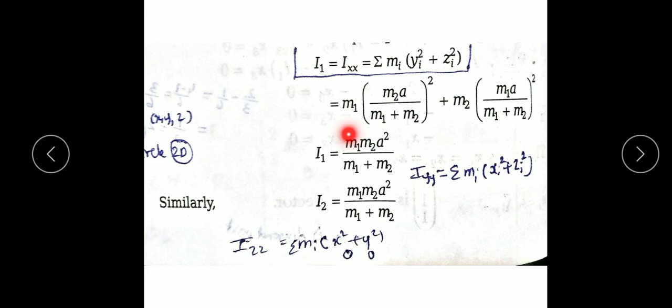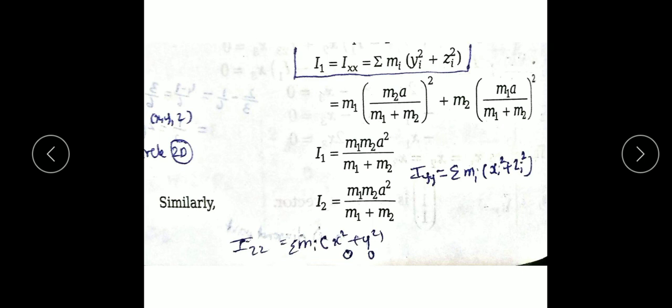If we take m1 m2 a square common, what would remain is m1 by m1 plus m2 whole square here and m2 by m1 plus m2 whole square there. Taken together, overall we would have m1 plus m2 by m1 plus m2 whole square.